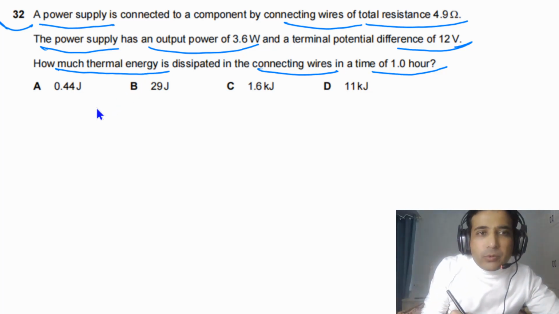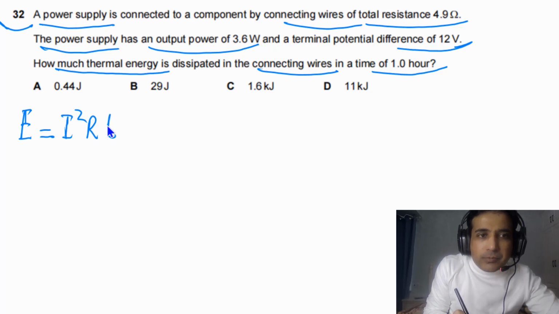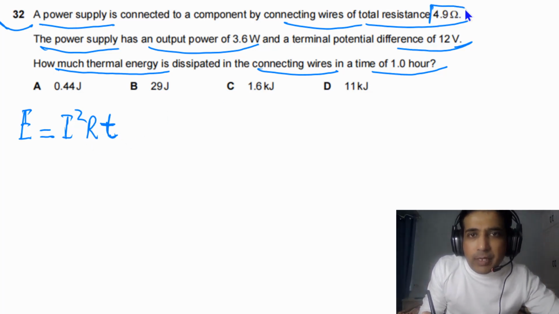So how can we calculate energy dissipated? Energy dissipated in the connecting wires, simply we can calculate as E equals I squared R times T. So this is how you can calculate energy dissipated in connecting wires. But here we have the value of R, means the resistance of the wires is given to us, and the time is given to us.